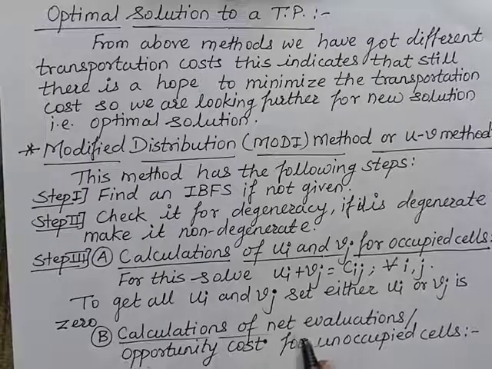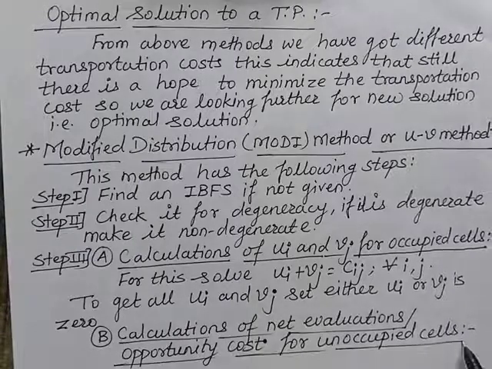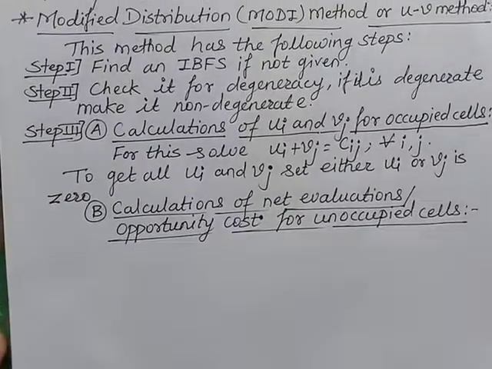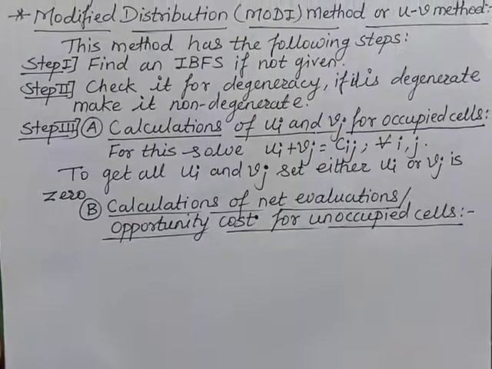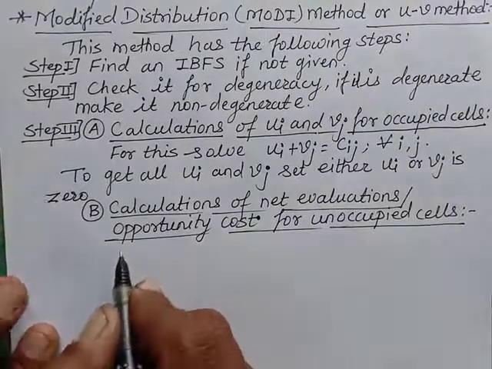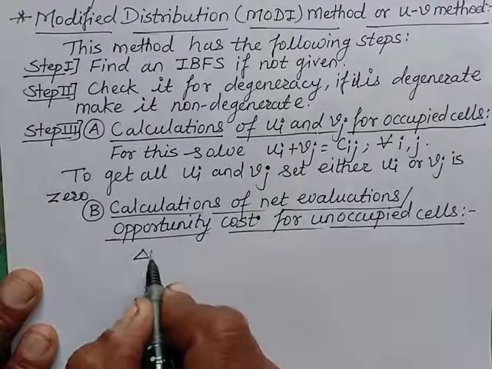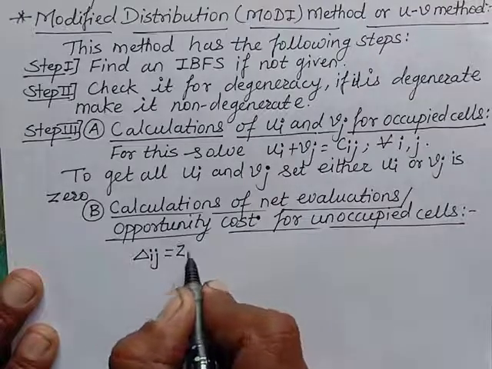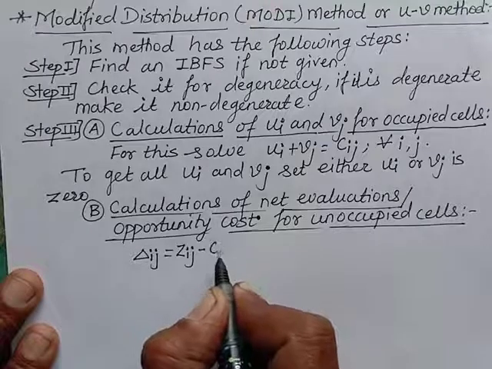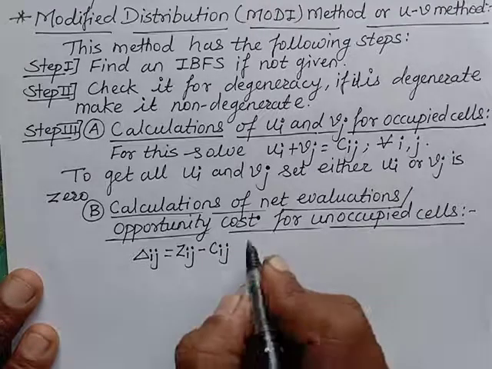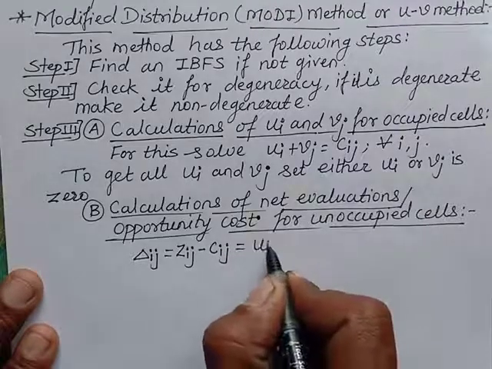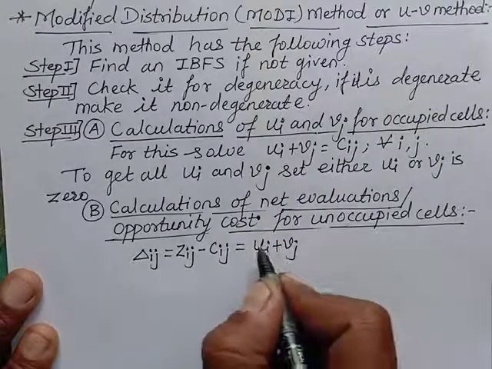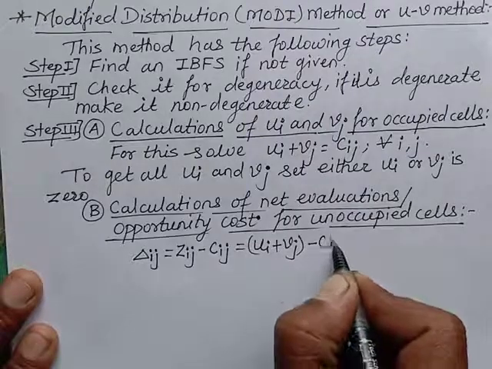Let's see the condition here. Here we have to calculate delta ij, that will be zij minus cij, that is ui plus vj minus cij.